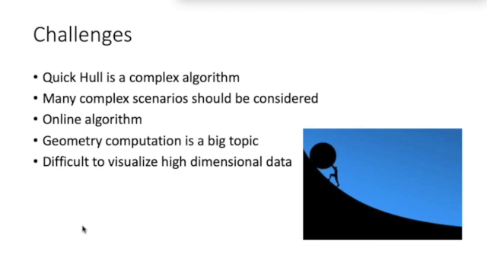So let's talk about the challenges I faced in this project. I thought the Quick-Hull algorithm is a complex algorithm because it has to handle many complex scenarios. It's hard to debug because you have to look at the result and then use your knowledge to identify what the bug is.